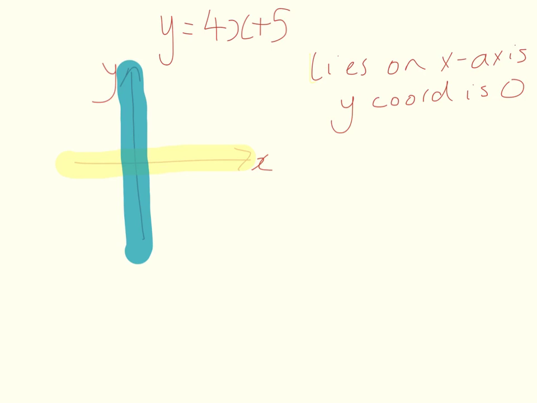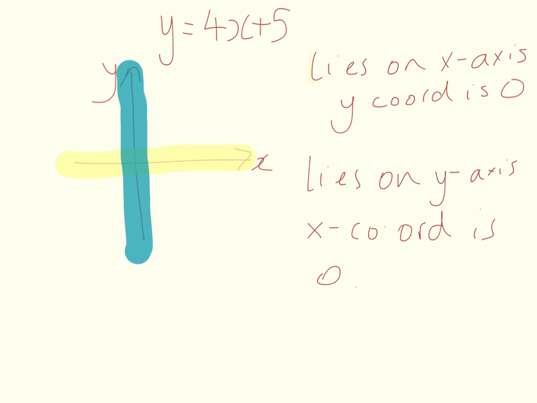So that means if a point lies on the y-axis, the x-coordinate is 0.